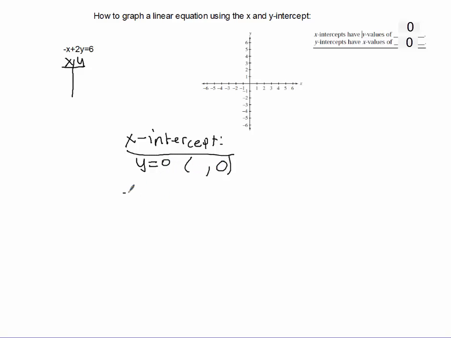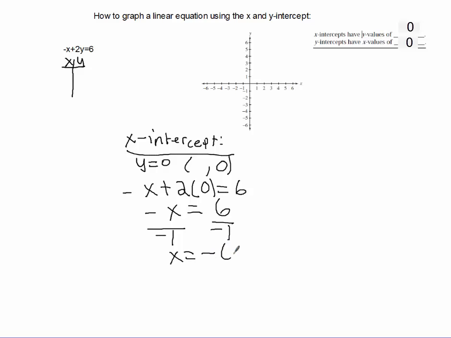So I take my equation, and just like we did in the last section, replace the 0 for my y. And I simply work out this equation. Let me divide by negative 1. So this becomes negative 6.